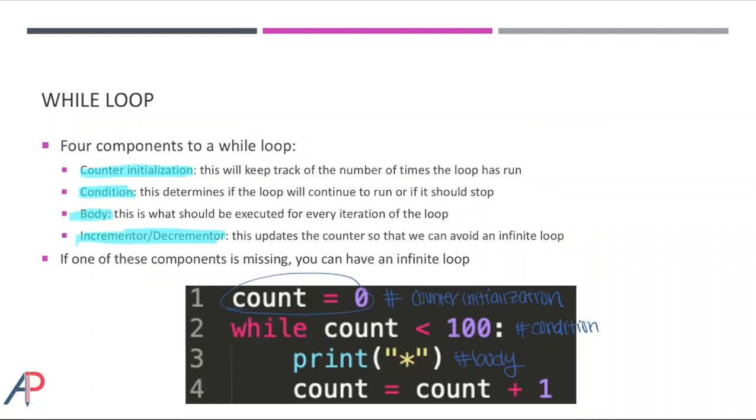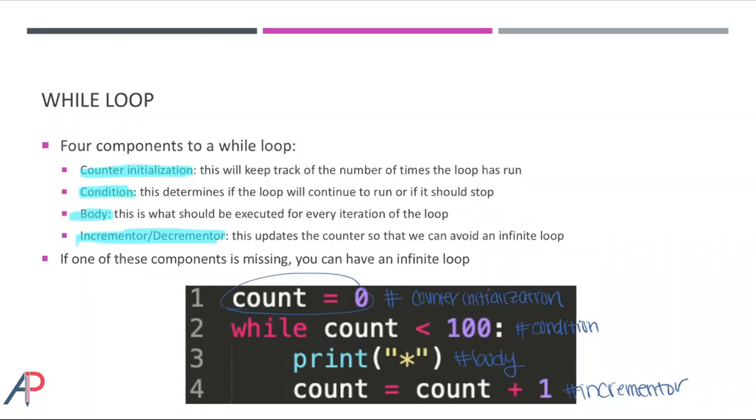And finally, we have our updater. Our incrementer or decrementer, in this case, is an incrementer because it increments our count by 1. If we don't have an incrementer, what ends up happening is that count will stay 0 forever, because count never changes.